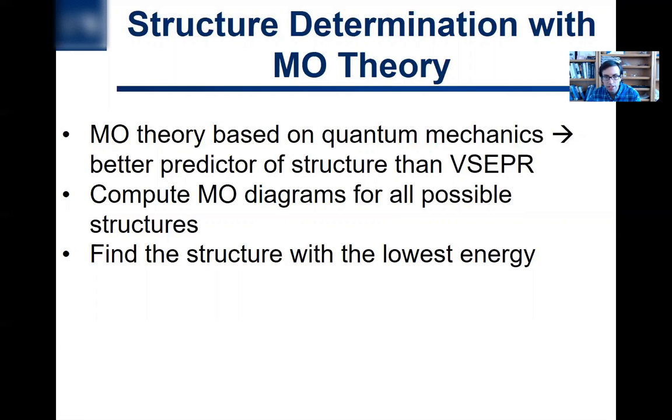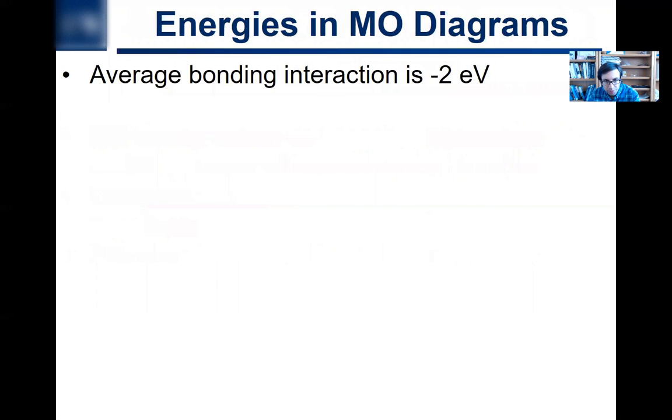Is it octahedral? Is it a distorted octahedron, etc.? Is it a planar hexagon? And then compute the energies and see which one's lowest. That would be a way to figure out the most stable structure using quantum mechanics and MO theory.